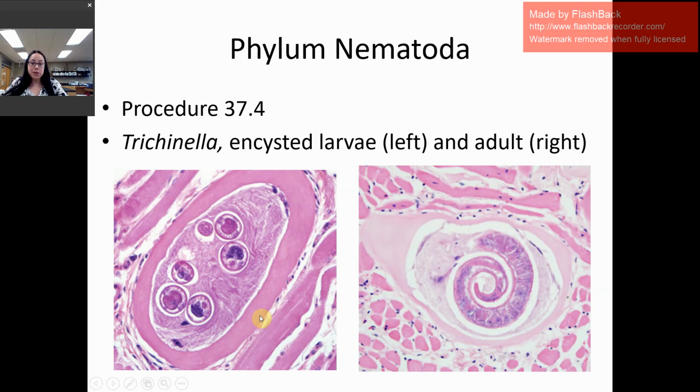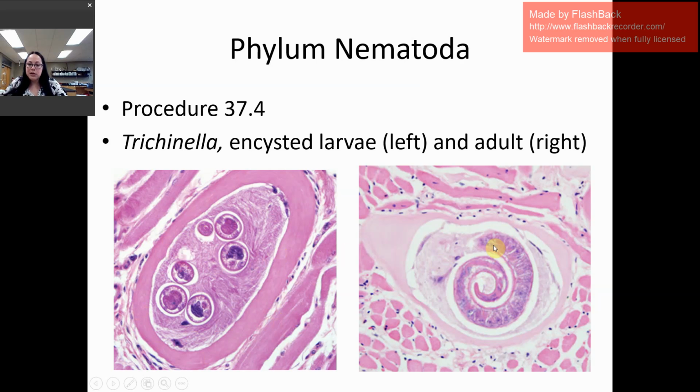What you have in these pictures are sections of the muscle of the host, and all of that is muscle. Okay, and then inside you have a cyst, and it contains sections of worms, of nematodes, of Trichinella. And here you have another cyst.